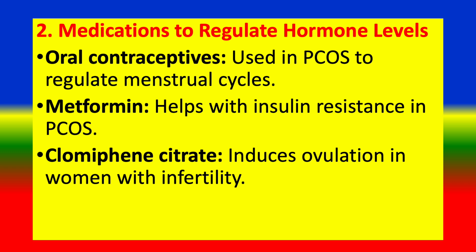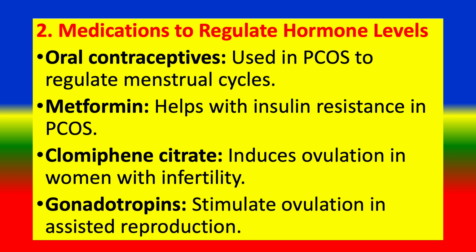Clomiphene citrate induces ovulation in women with infertility. Gonadotrophins stimulate ovulation in assisted reproduction.